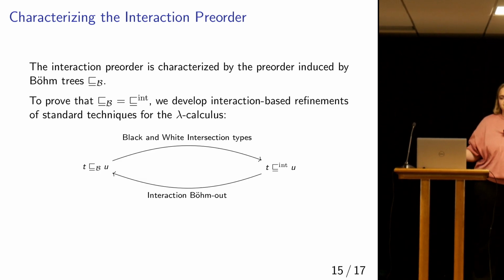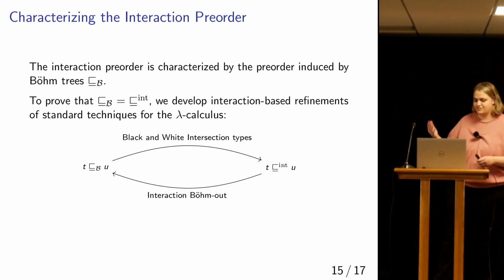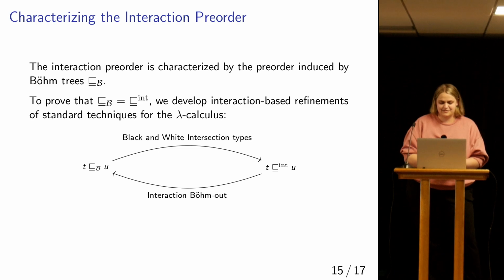And so I have no time to tell you about the technical details of this proof, but what's interesting is that we use really well-known and standard techniques for the theory of the lambda calculus, namely intersection types, which we paint in black and white, and the Böhm-out technique adapted to interaction, to the checkers lambda calculus.